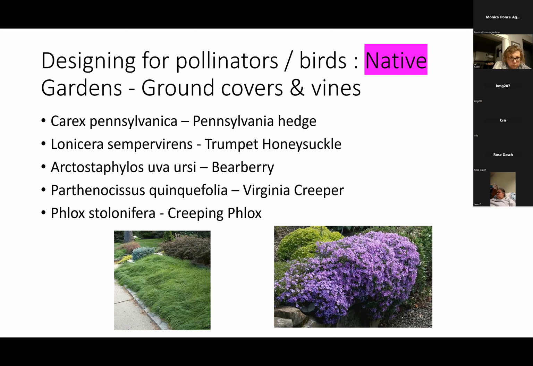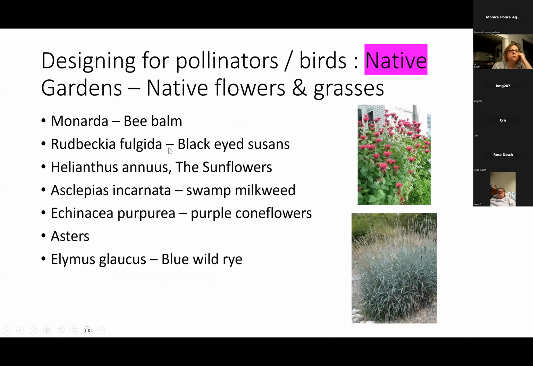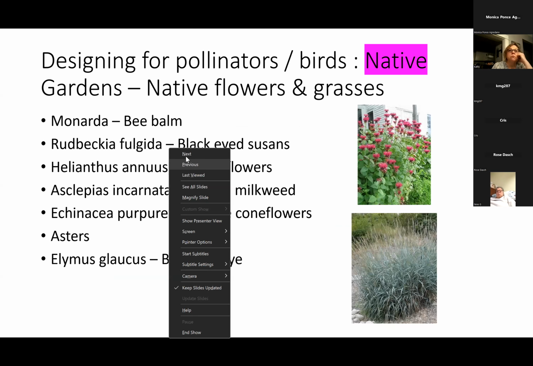These next couple of slides are plants that I got from the Audubon Society. They're all native. The first slide is ground covers and vines, and then there are flowers and grasses and shrubs and trees, but I'll just go over a few of them so that you guys can get some ideas of what you might want to put in your garden.